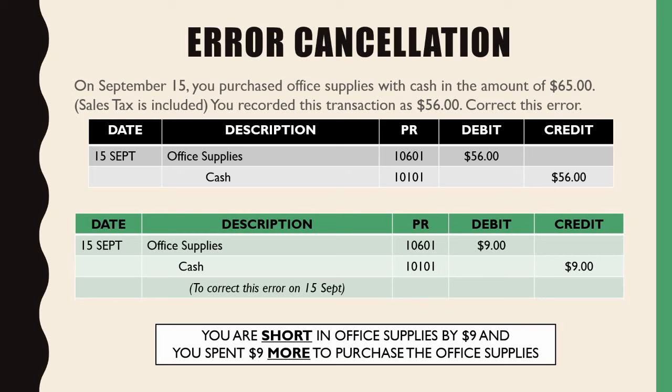Let's say you actually purchased it at 56, but you recorded it as 65. In that case, you spent too much money, right? You went over the cash and you have too many office supplies. Yes, in that case, you would be debiting your cash because you spent too much cash, right? So you need to put that money back. And the office supplies is you have too many, so you need to decrease it. So yes, in that specific case, it would be the opposite.